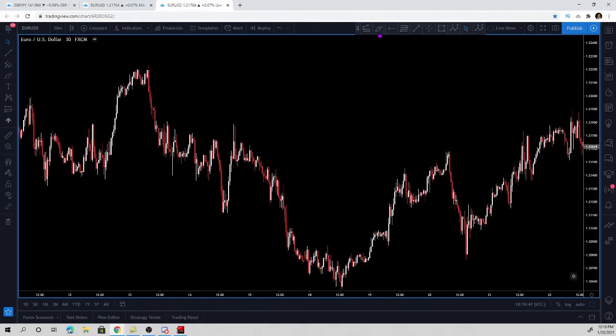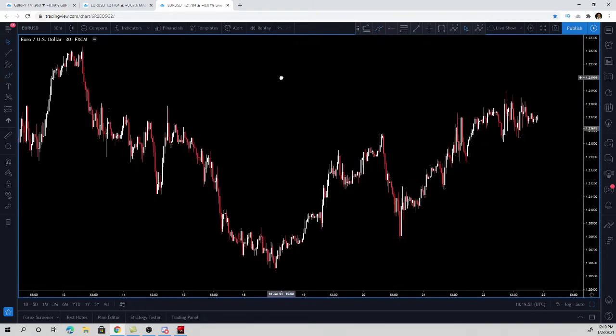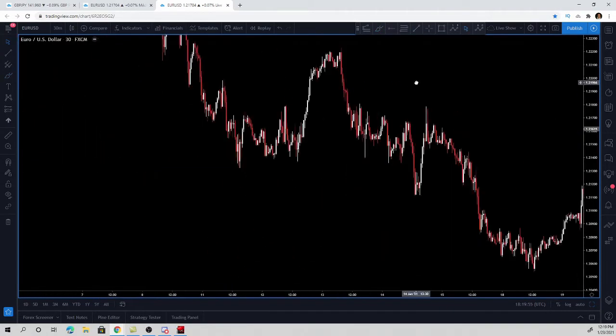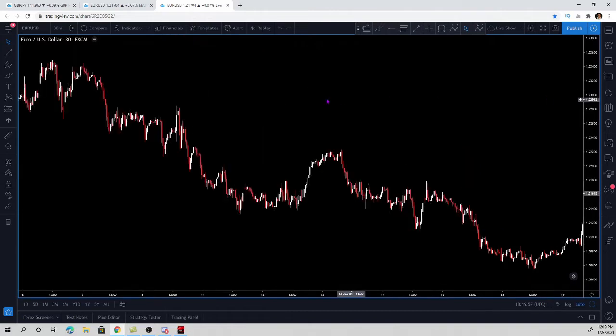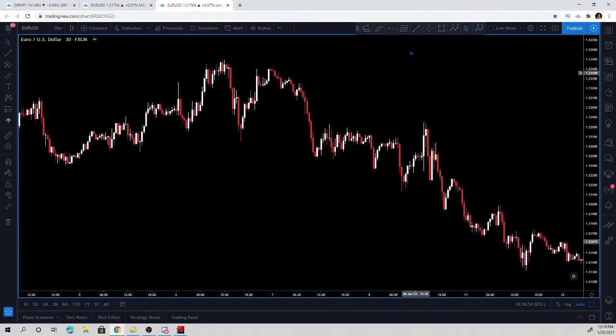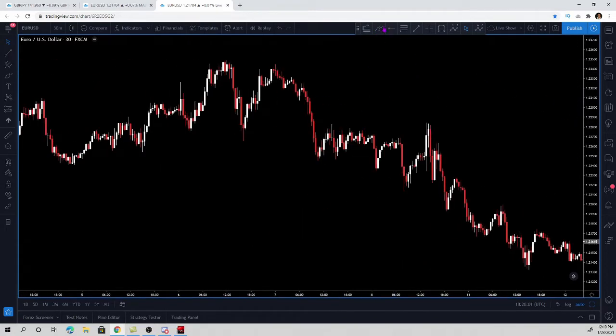You want to get rid of all these zones. This is a 30-minute chart on the Euro US dollar, and as you can see, if we go back in historic price action, you are going to encounter zones where there is absolutely nothing to see because it's all chop, right?